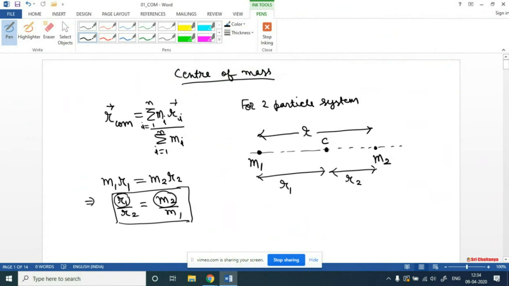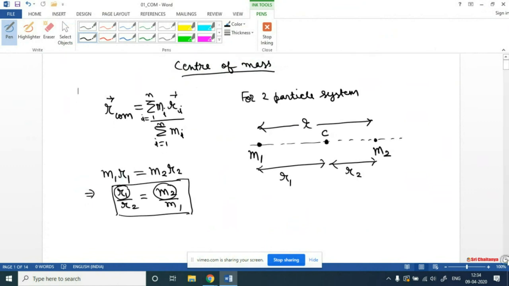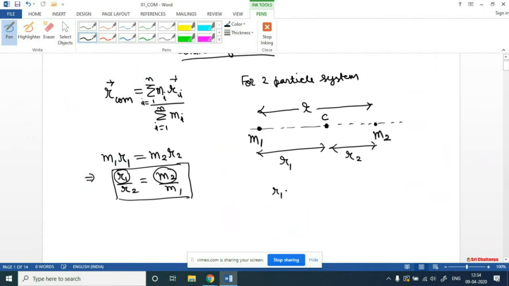The idea is, the heavier the mass, the nearer it is to the center of mass, or the center of mass is nearer to the heavier body. Obviously, from this figure, R1 plus R2 is equal to R. So this is equation number 1 and this is equation number 2.